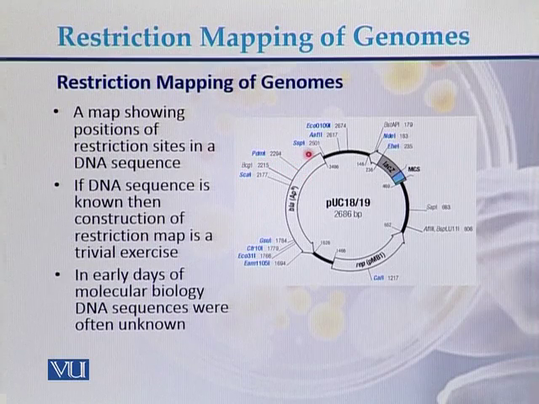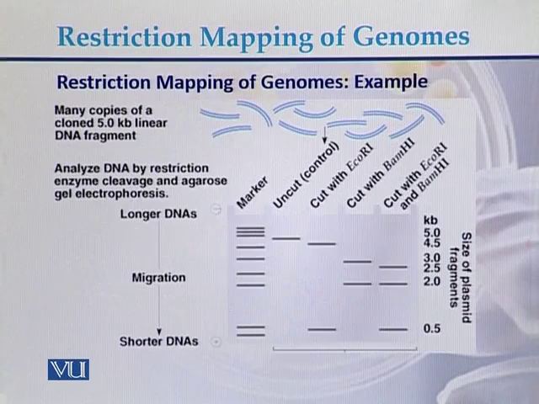Here we can see a site for the restriction enzyme SspI. So here is the site. And for another enzyme, EheI, the site is here. So when we know the location of the sites of the restriction enzymes, that map is called a restriction map of the DNA or restriction map of the genome.